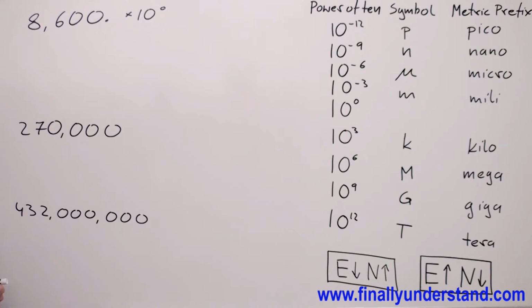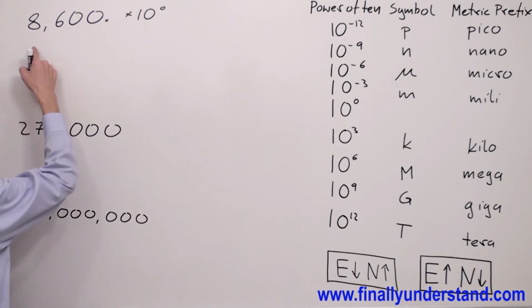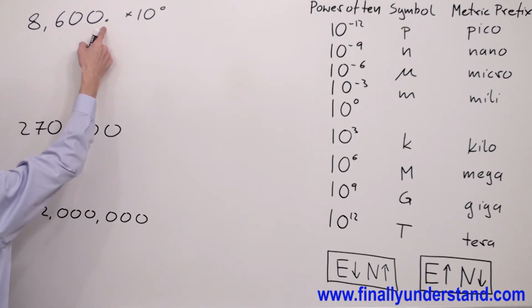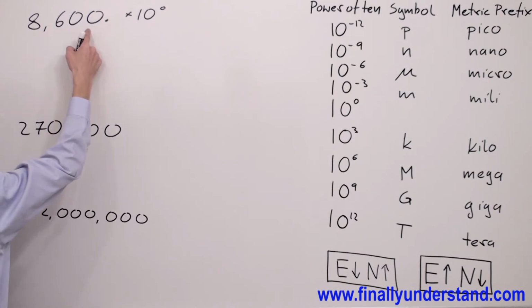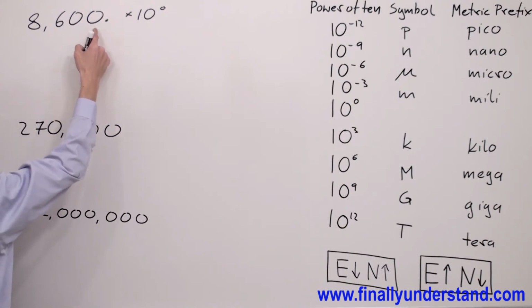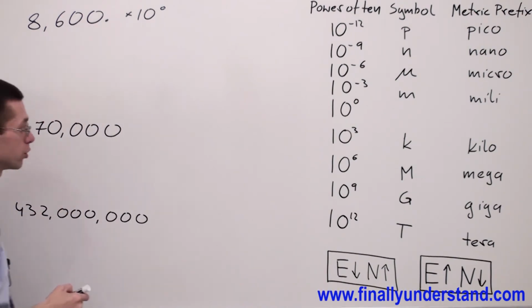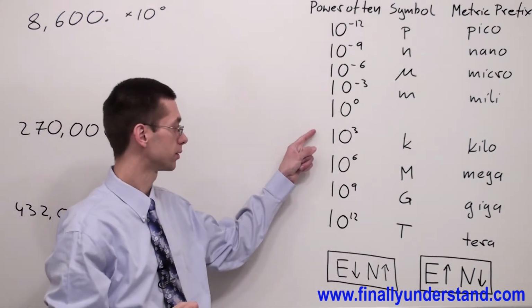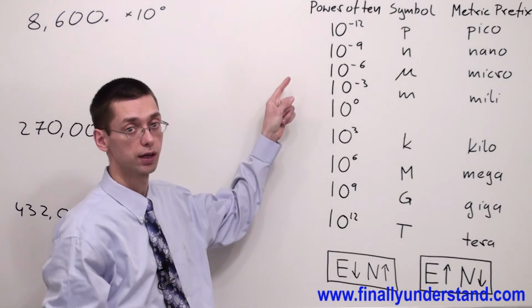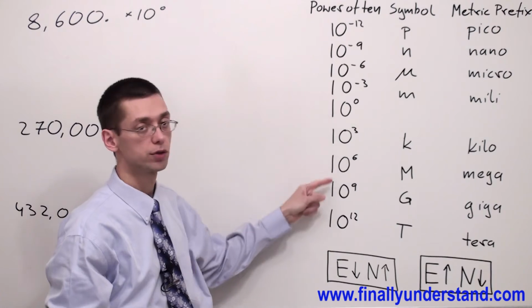In order to convert this number to engineering notation, we're supposed to have the number on the left side of the decimal point from 1 to 999. This number is greater than 999. So we're supposed to make this number smaller by moving the decimal point. But if you look at the exponents of powers of 10, they are multiples of 3.